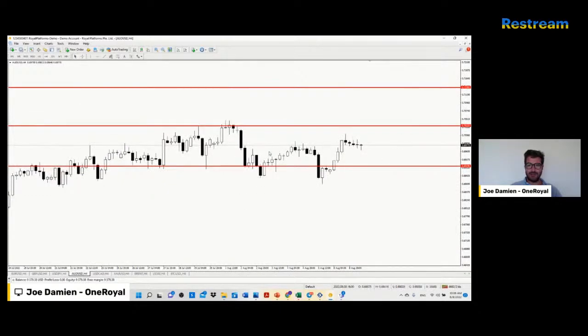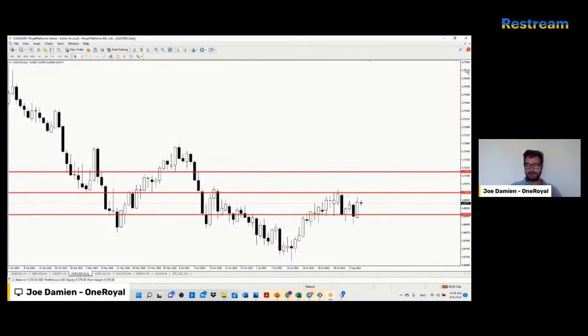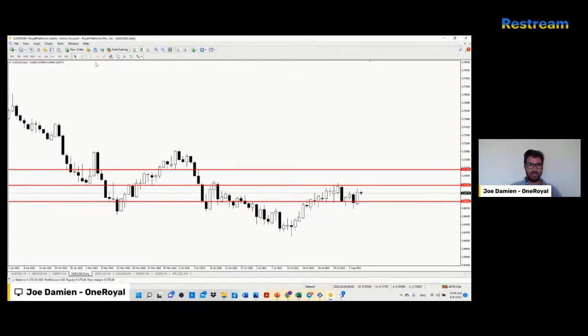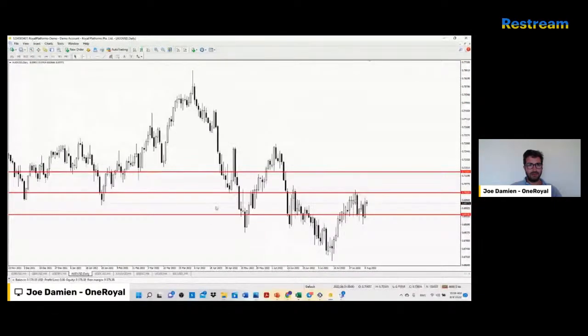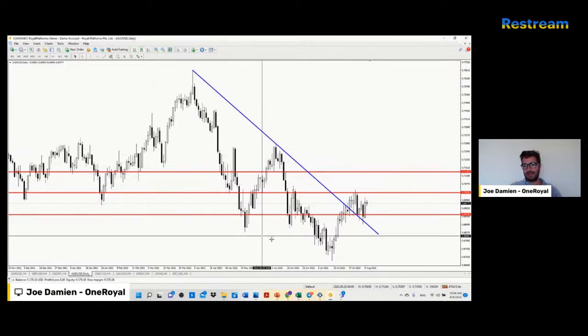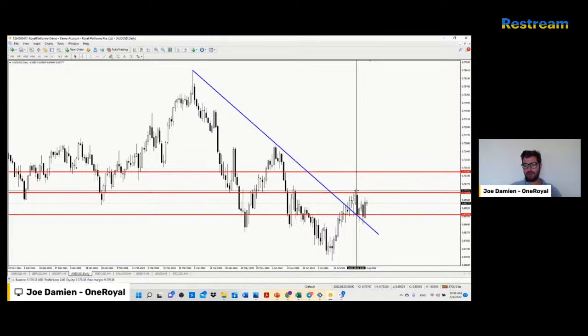Australian USD, starting on the higher time frame, we have a change in direction, as we can see. On the higher time frame, the market was in a downtrend, lower highs and lower lows, and then here we have a shift in direction.